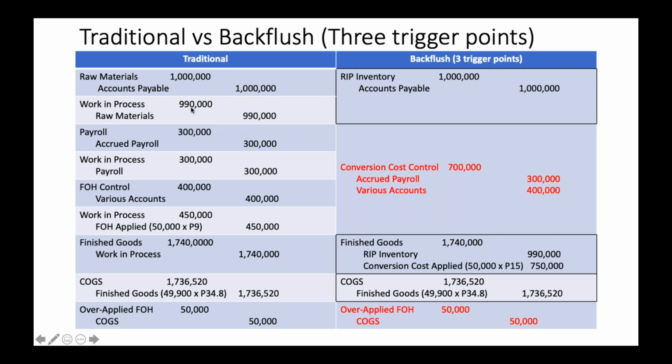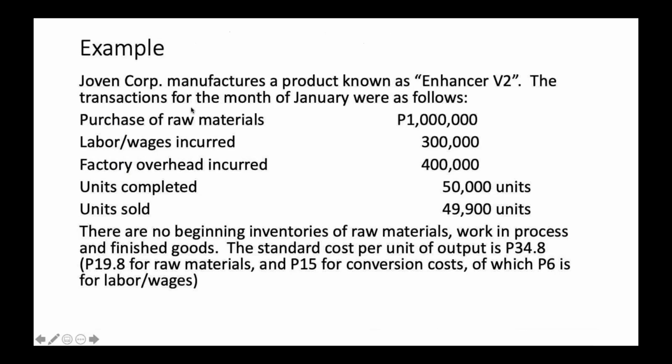990,000. How did we get 990,000? Let me go back to the previous slide. The units completed is 50,000 units, and therefore the number of units processed during the period is also 50,000 units because there is no beginning inventory of work in process account.